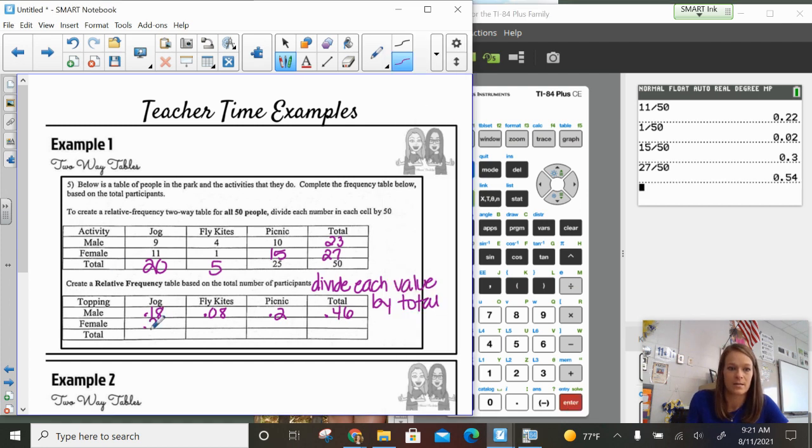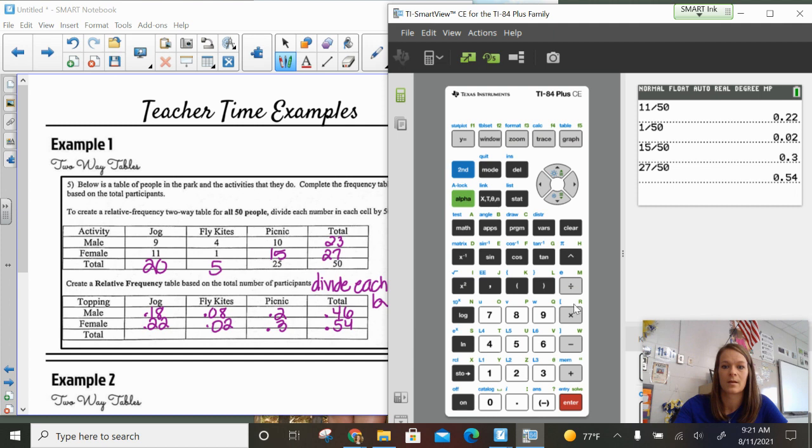So 0.22, 0.02, 0.3, 0.54. Then I'm going to do my final column. 20 divided by 50, 5 divided by 50, 25 divided by 50, and then 50 divided by 50, which is just 1.